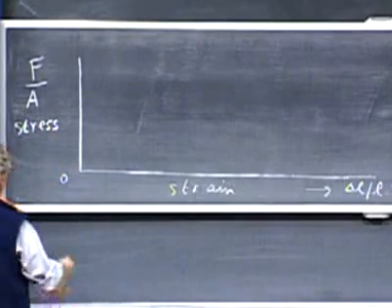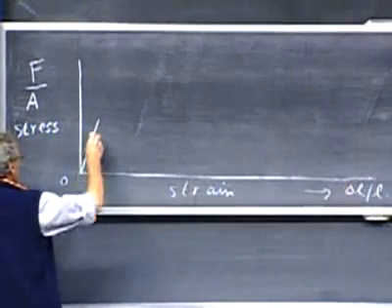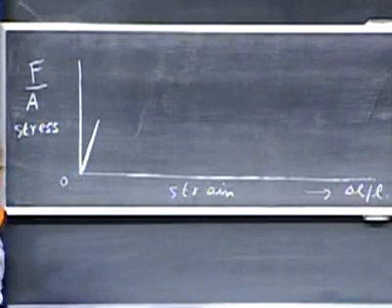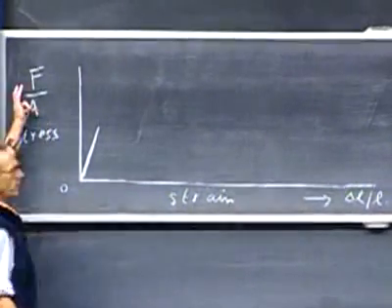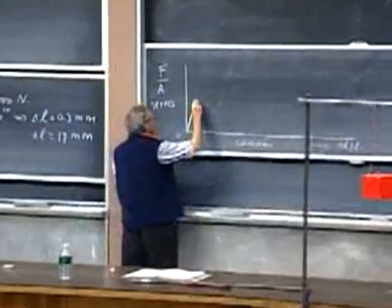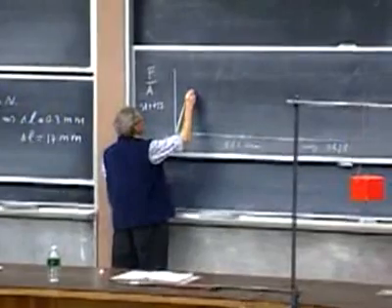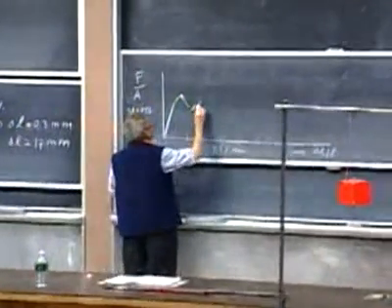In the beginning, you will see a portion that is linear. That's Hooke's law. And then, when you keep adding force, which we will do by gravity, we will just hang weights on it, then it starts to bend over up to a point here, which we call the elastic limit.